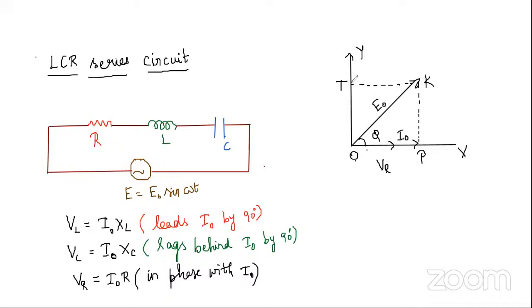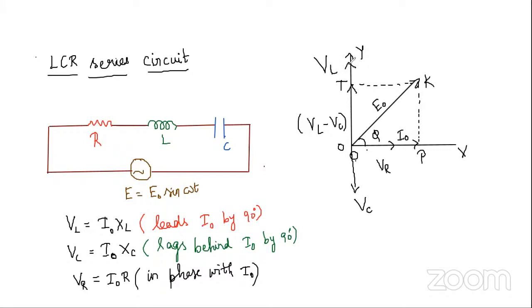But along the Y axis, you are having VL minus VC. So here you see VC is along the negative Y axis and VL here.